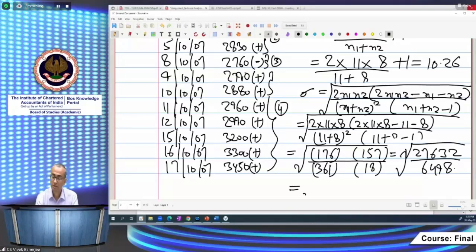So it will be 4.25. Under root 4.25. Let us calculate this under root. It is coming to 2.06. The standard deviation is 2.06.